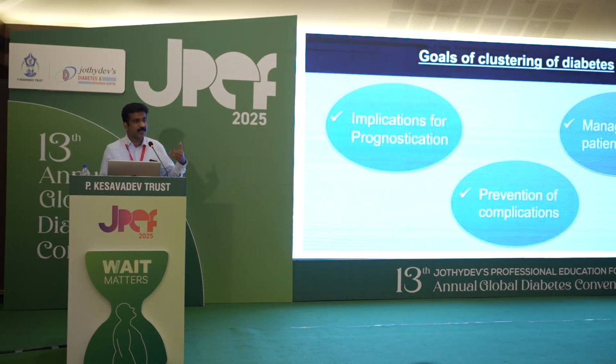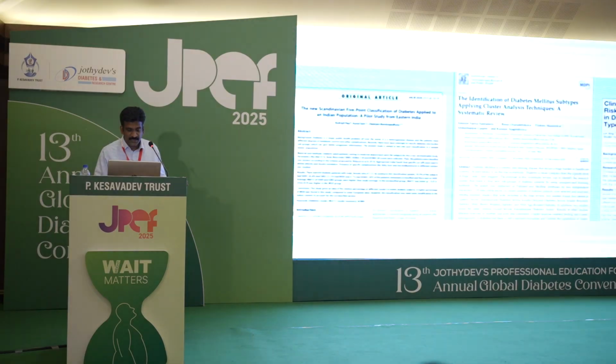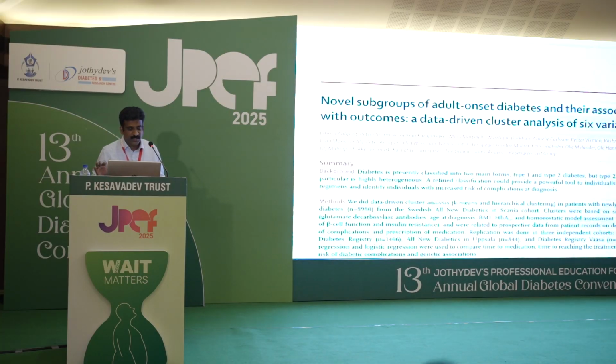There are several goals of clustering these diabetic patients, predominantly concerned with prognostication, preventing complications, and management aspects. There has been a lot of literature evidence regarding the clustering of diabetic patients. This is a standout research article which came 5 or 6 years back, from the Lund group from Sweden.